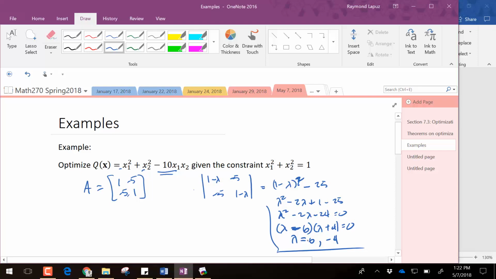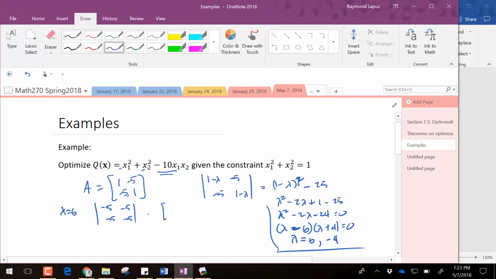So with 6 as your eigenvalue, let's figure out what the corresponding eigenvector is. When lambda is equal to 6, we have 1 minus 6, so that's -5, -5, -5, -5.